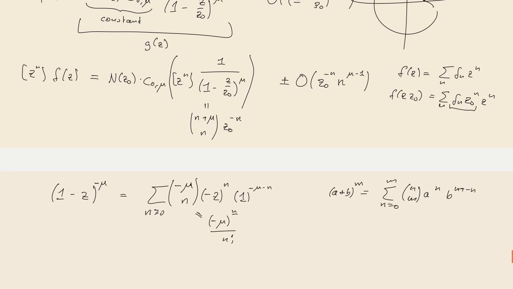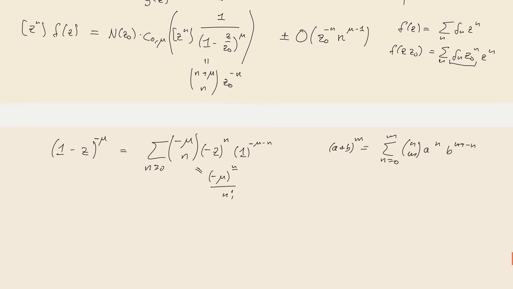Okay? Now, last step, then I'll finish for today. If you take the coefficients of this, on this side it's easy because this is essentially c to the n. So the coefficient of c to the n here is this minus mu choose n. This is just 1. And then we have minus 1 to the n.